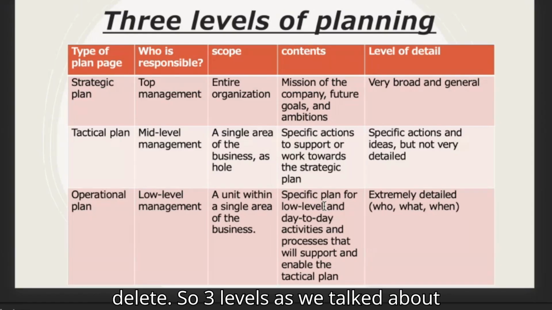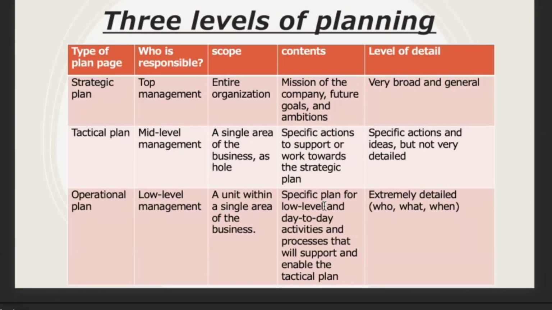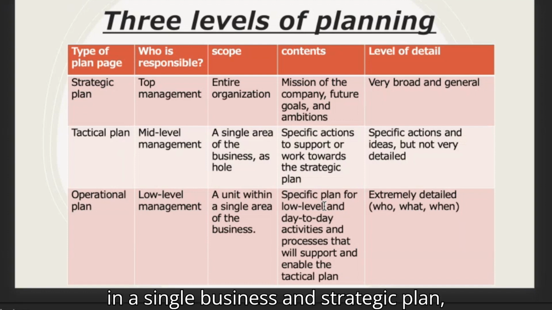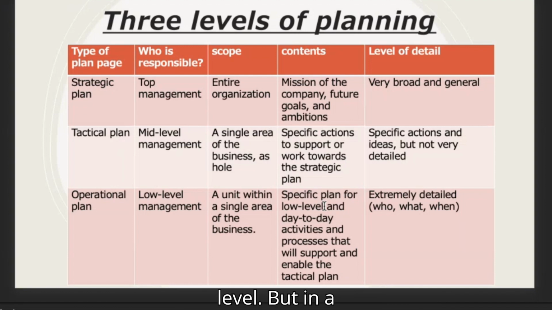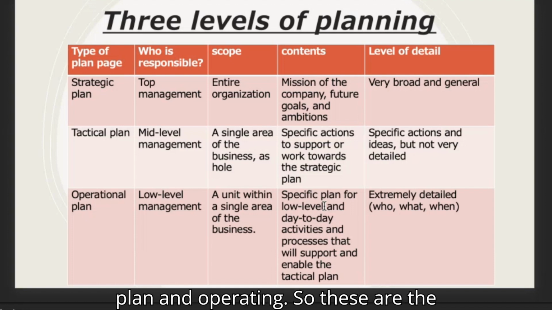So three levels as we talked about. In a single business: strategic plan, tactical, top level, middle level, lower level. But in a multiple business, it will be four levels. That is the corporate planning and business plan, functional plan, and operating.